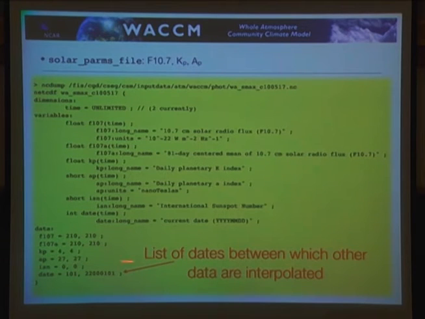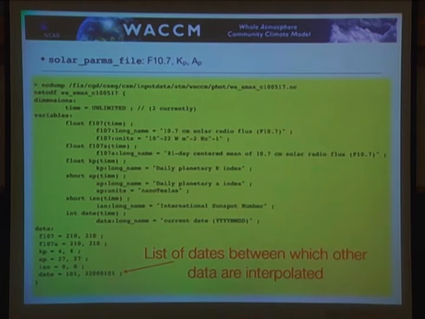Since we're keeping this constant, we just want a beginning and an end point, and all the data are constant at the beginning and the end point, so everywhere in between they will be constant. The end point is the year 2200, 0101, and the first one is day 101, which I believe is January 1st.